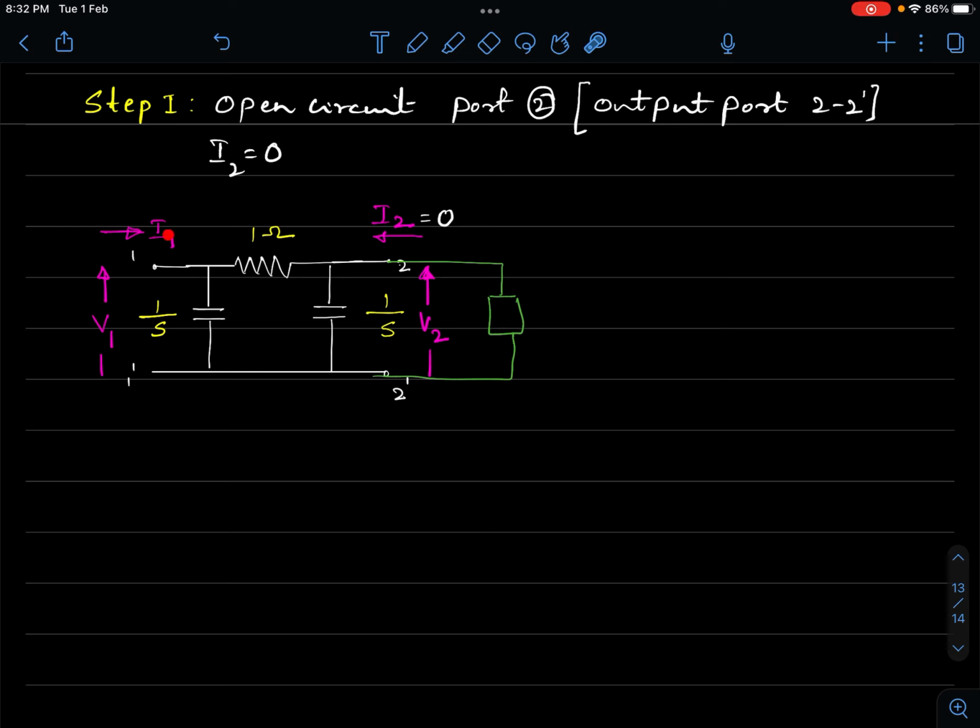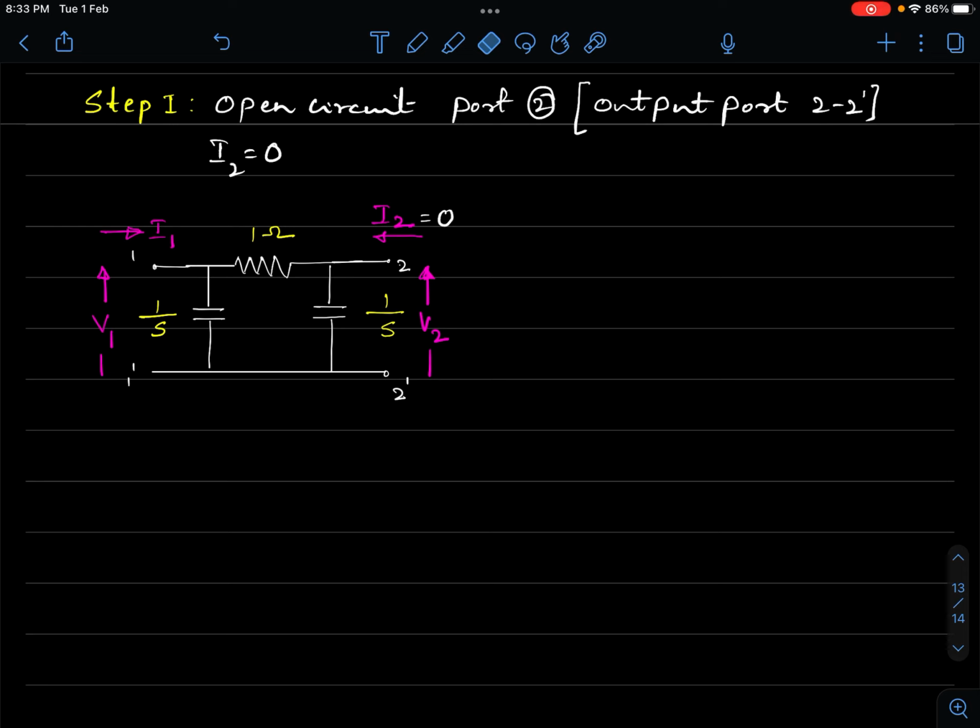Current I1 is flowing into the network, and there would be a current through the load in this direction. However, there is going to be I2. So I2 would flow only when there is something connected between 2 and 2 dash as a load. Now, when we talk about open circuiting, what we mean is nothing is connected between 2 and 2 dash. In other words, it's like the given network. The given network is actually the output port being kept open. I suppose this much is clear.